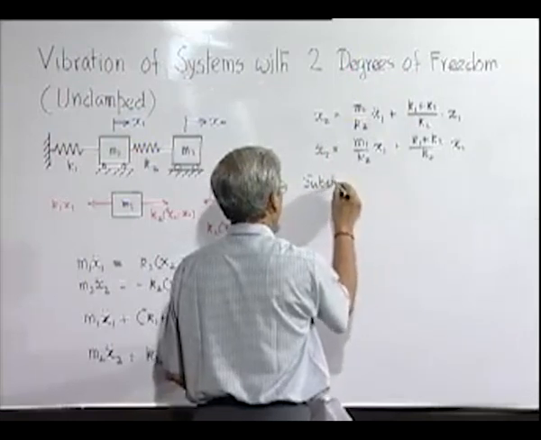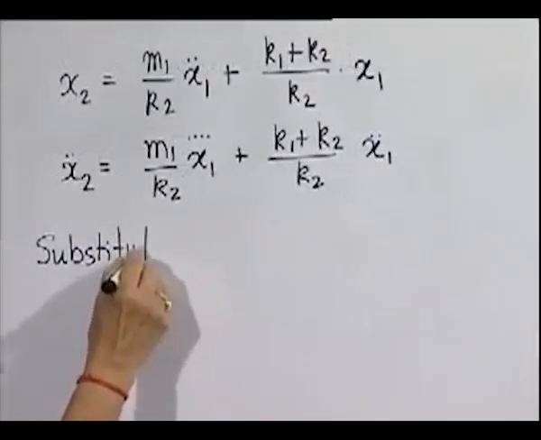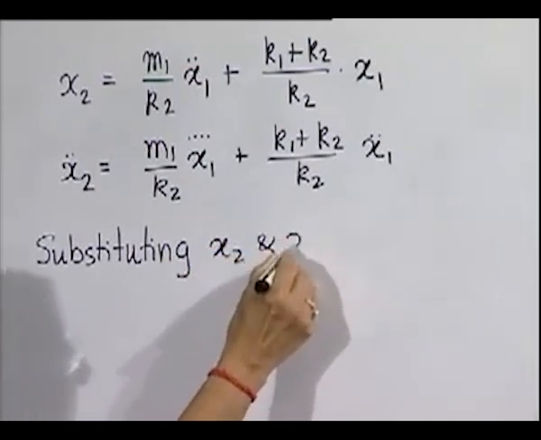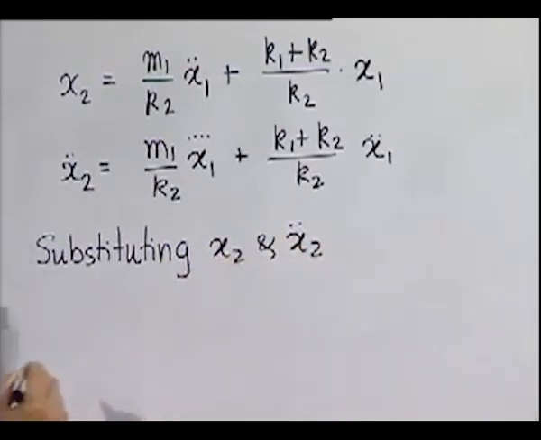Now if you substitute x2 and x2 double dot in this equation, say this equation.